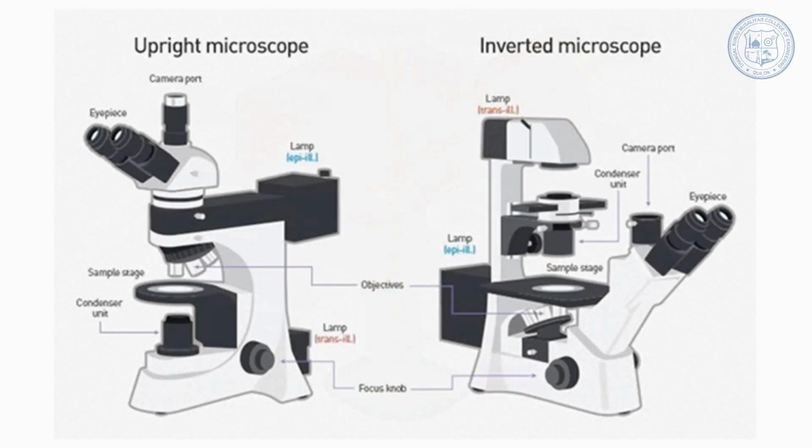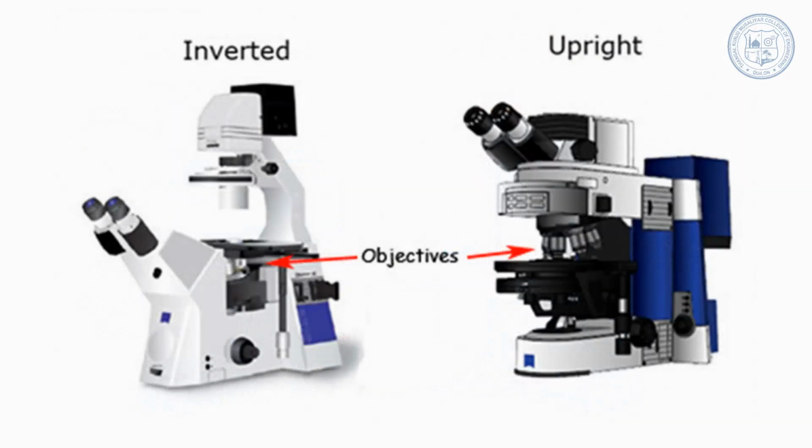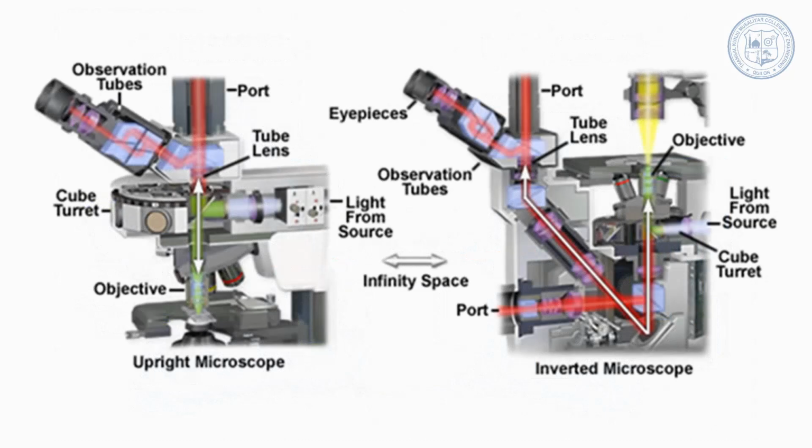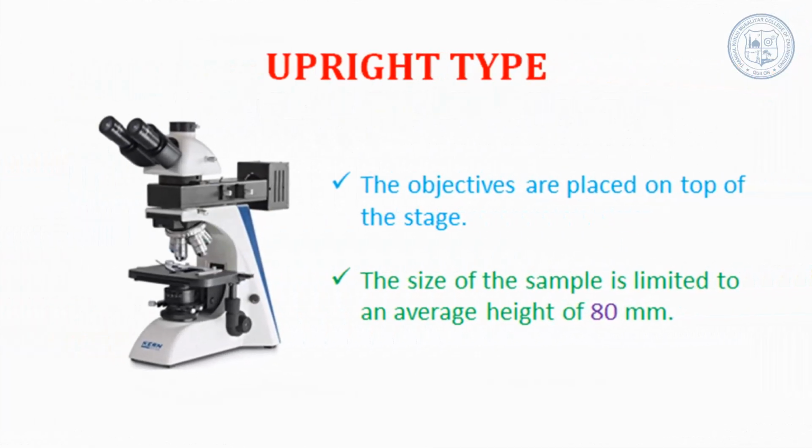The microscopes are categorized as upright and inverted on the basis of the position of objectives relative to the stage on which the sample is placed. In the upright microscopes, the objectives are placed on the top of the stage. In this type of microscope, the size of the sample is limited to an average height of 80 mm.